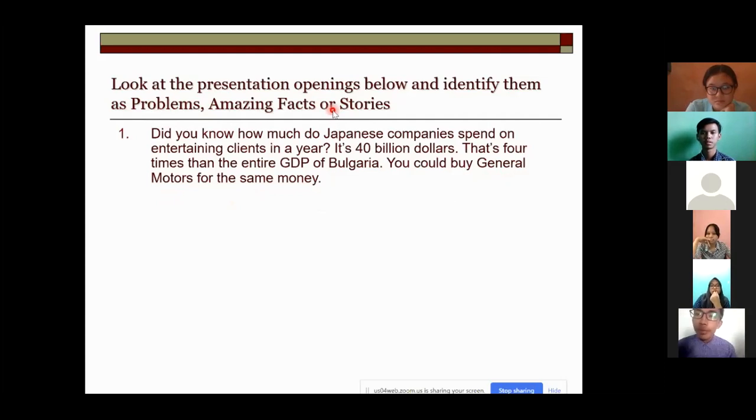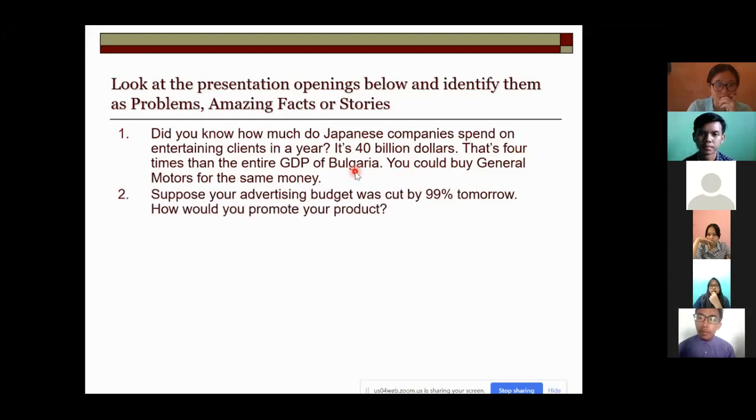Okay, how do you know it is an amazing fact? Because there are some facts there. Where is the fact? The sentence that says $40 billion, ma'am. $40 billion. That's 4 times the entire GDP of Bulgaria, right? Okay, good.